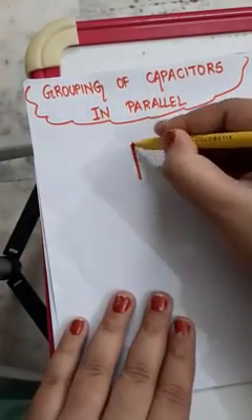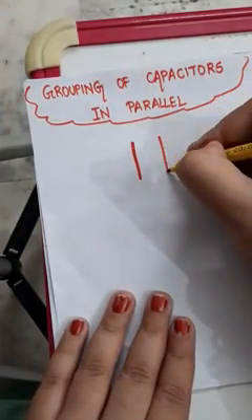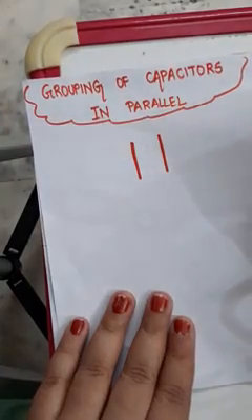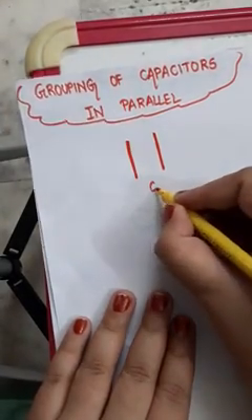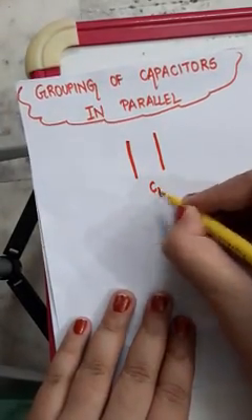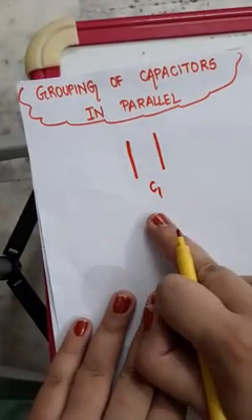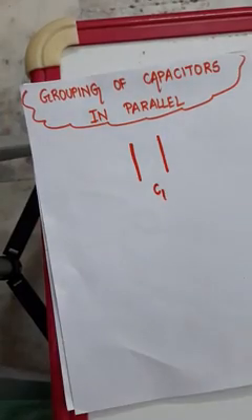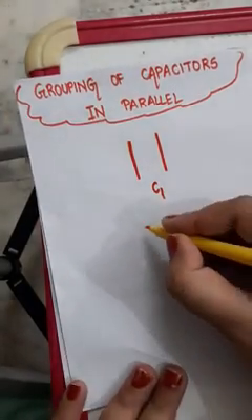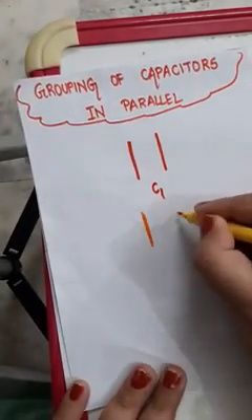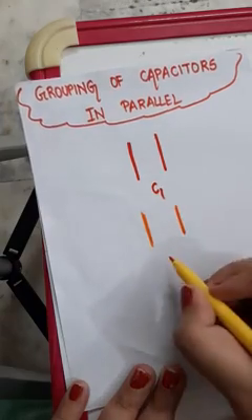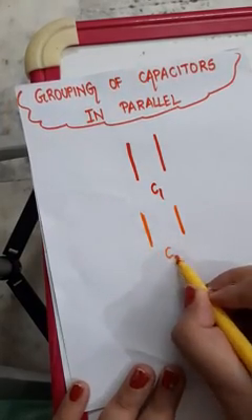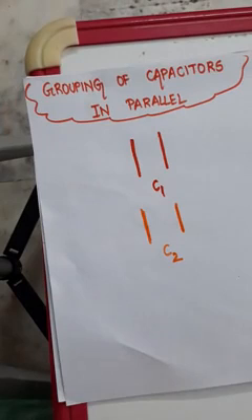So suppose this is capacitor number 1 and its capacity, which means its charge storing ability, is C1. And you have capacitor number 2 here. This is capacitor number 2 whose capacity is C2.